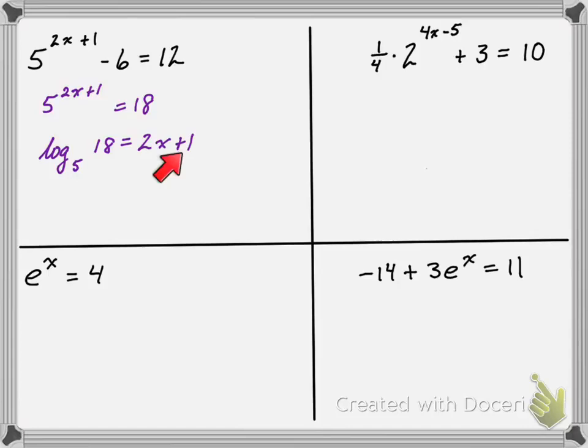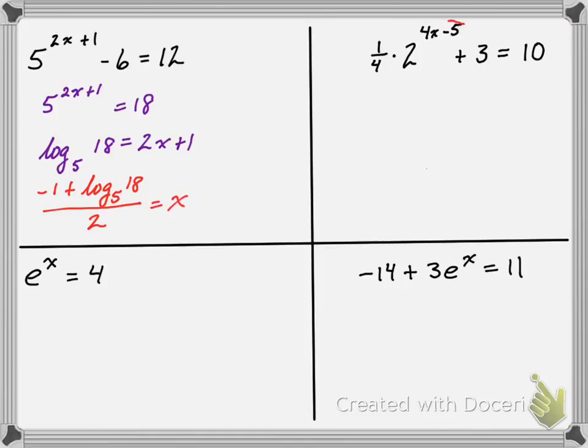And then we'll finish this out by subtracting 1 and then dividing the whole thing by 2. All right, so that's going to be negative 1 plus this logarithm divided by 2 is equal to x.